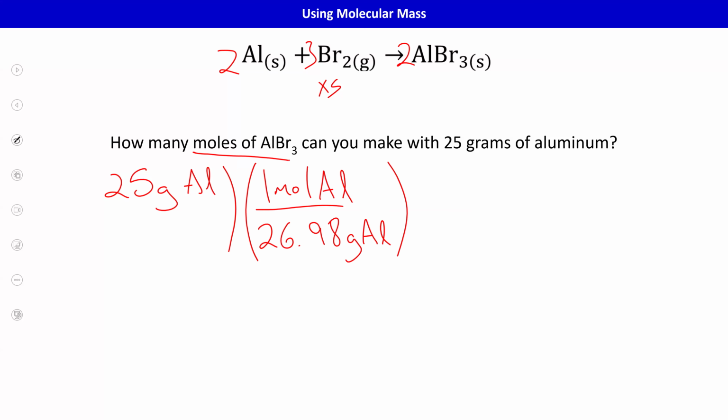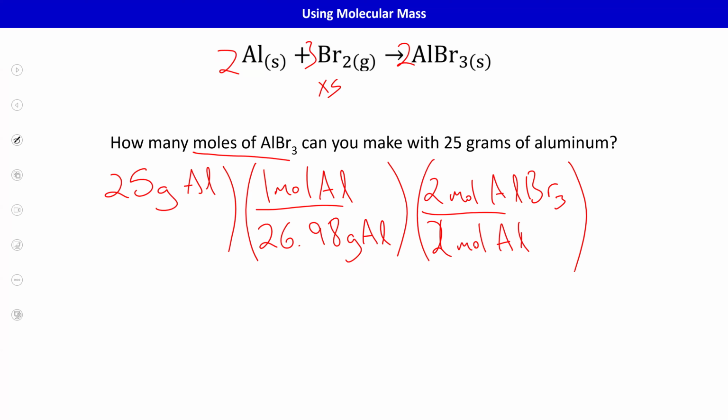We're trying to get to moles of aluminum bromide. So now we just look at our balanced reaction. For every 2 moles of aluminum, I can make 2 moles of aluminum bromide.